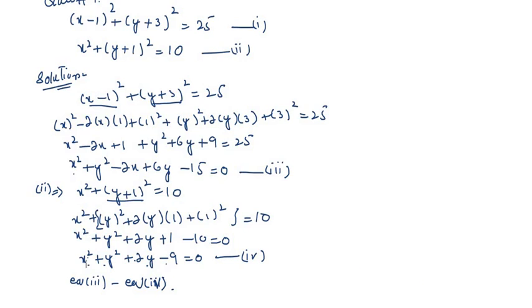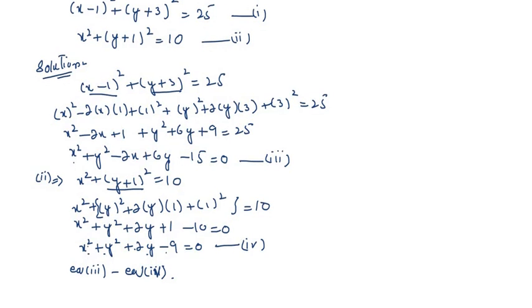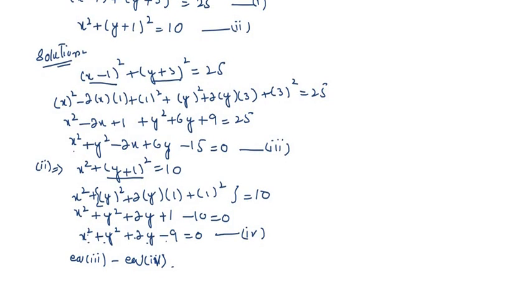a linear equation in the form of xy. So simply, when you get the linear equation in x and y, take any variable, solve for x or y, and put the value of x or y in equation number 1 or equation number 2 as per your choice, and get the value of the other variable.